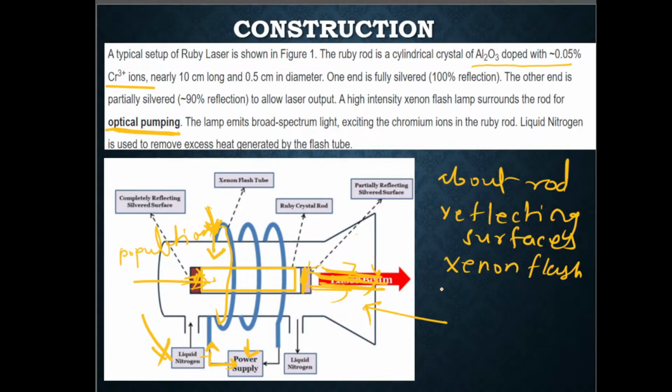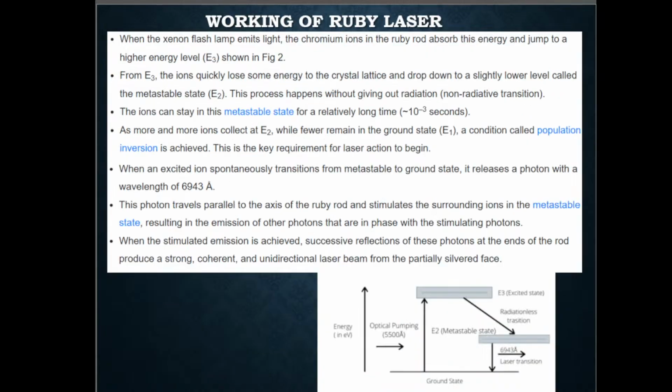Then why we use the reflecting surfaces, and then what is the liquid nitrogen, or why we are using liquid nitrogen, then the xenon flash lamp. These points you have to write in detail. Okay, then next important, working of ruby laser.